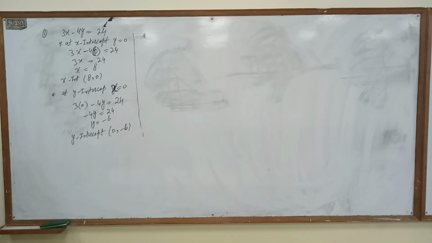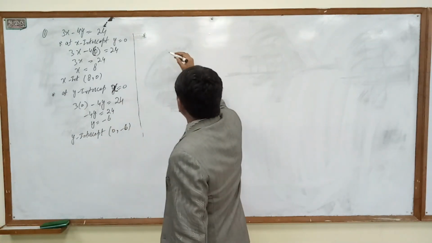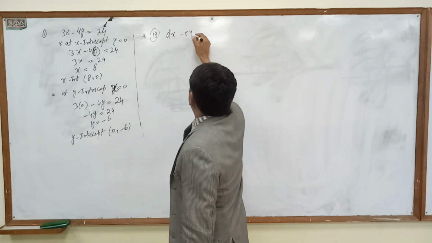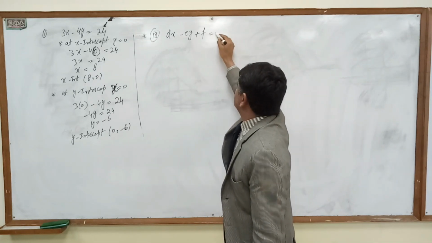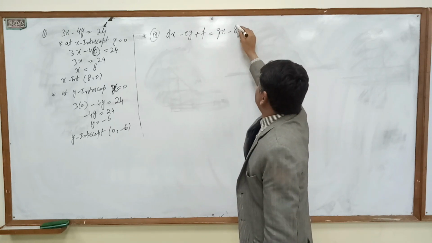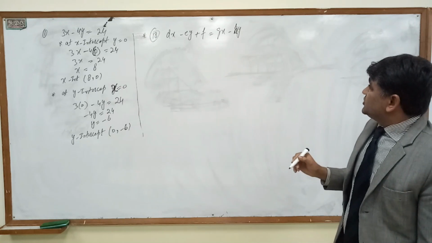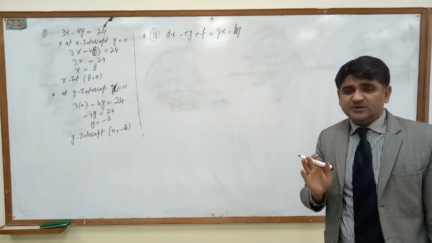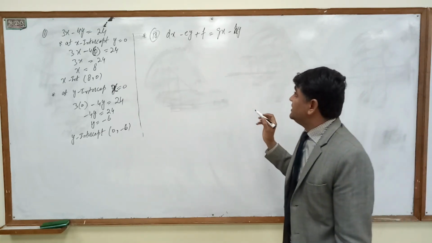If we look at question number 18, what is question number 18? dx minus ey plus f is equal to gx minus hy minus 8hy. In this equation, first of all, we have to shift x and y, meaning variables on one side, constants on the other side. Then we can simplify.